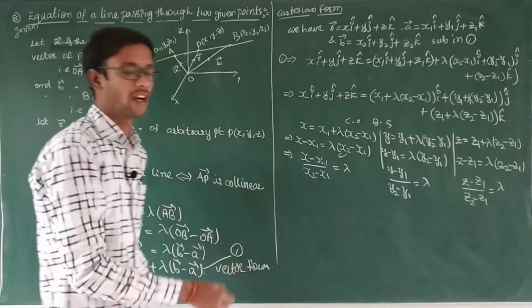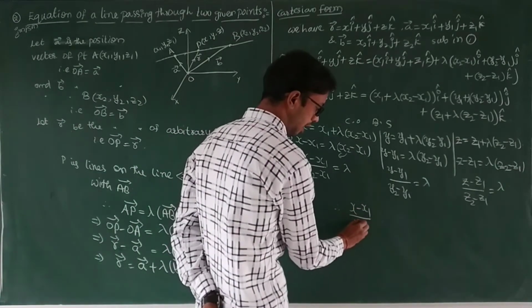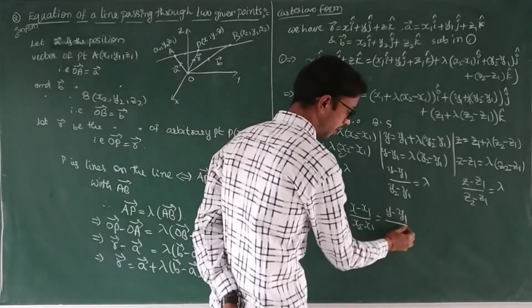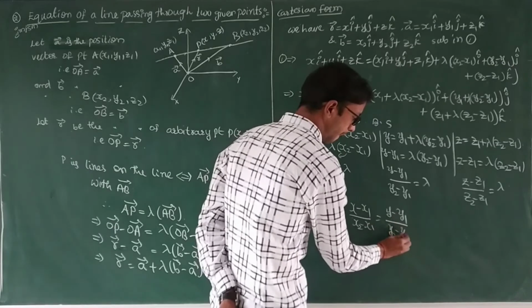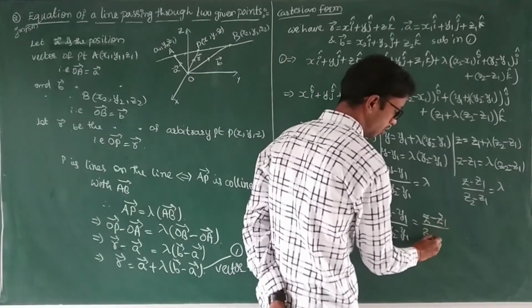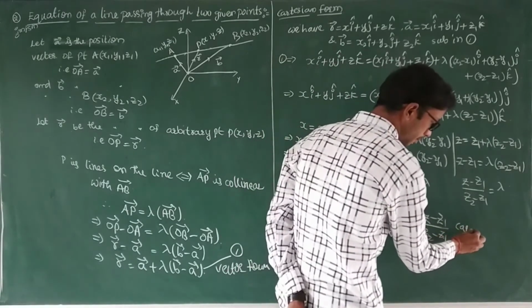Therefore x minus x1 by x2 minus x1 is equal to y minus y1 by y2 minus y1 is equal to z minus z1 by z2 minus z1. This is the Cartesian form.